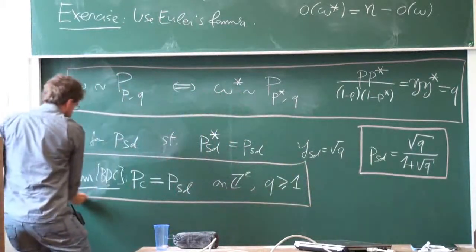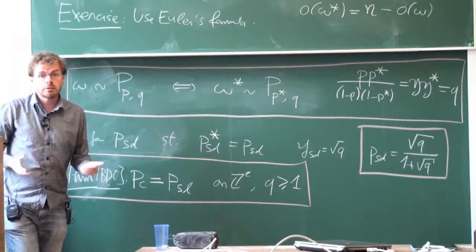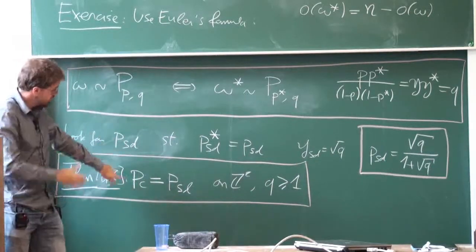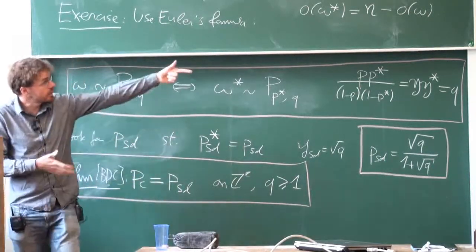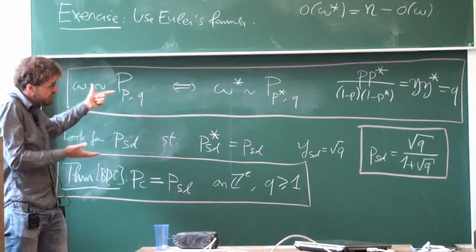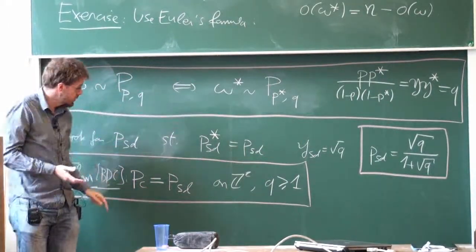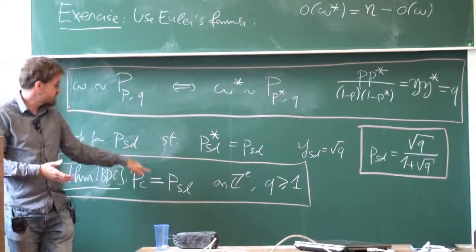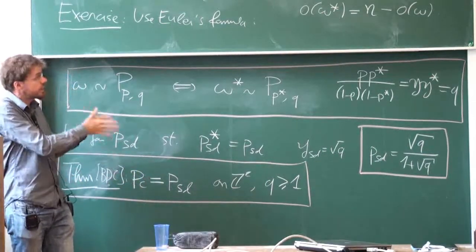So this is the main result that we would like to present, how to get from the heuristics telling you that it's a nice prediction that it should be the critical point to an actual proof that criticality occurs exactly at this parameter.